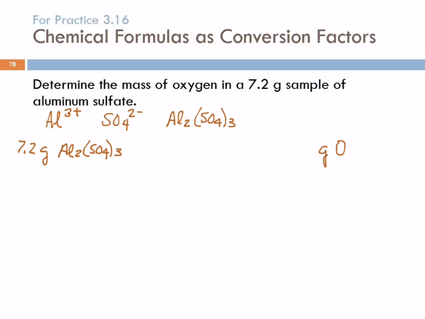We're going to need to use the mole ratio, right? When we look at this formula, in one of these, how many oxygen are there? 12, right? So 1 mole of aluminum sulfate contains 12 moles of oxygen.